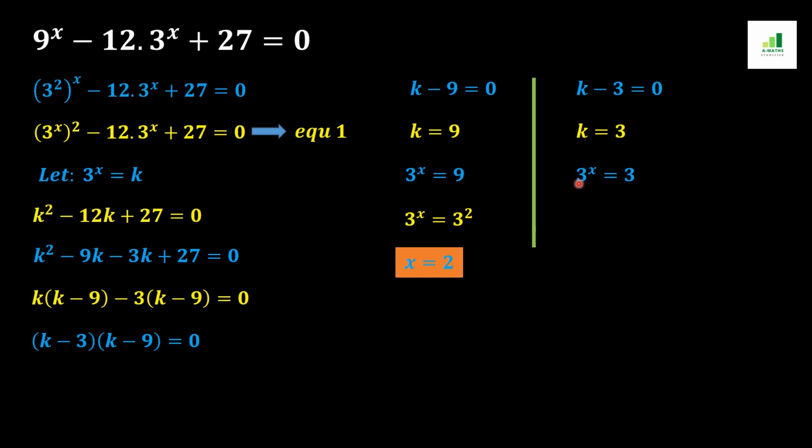Now we can see that these two values are equal in base, so their powers are also equal, because from the basic rule of algebra, if the two bases are equal, then their powers are also equal. So here we get another value for x, which is equal to 1. So here we get two values for x. First is x equals 2 and second is x equals 1 for this expression.